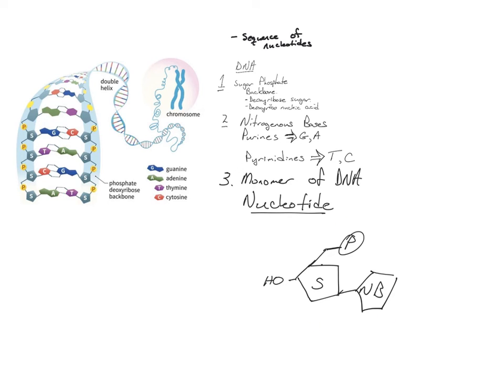So we can take these monomers, as we've drawn out before, this phosphate, sugar, and nitrogenous base, and connect it to another monomer, over and over and over, going on for billions of nucleotides that make up the DNA molecules in your cells.